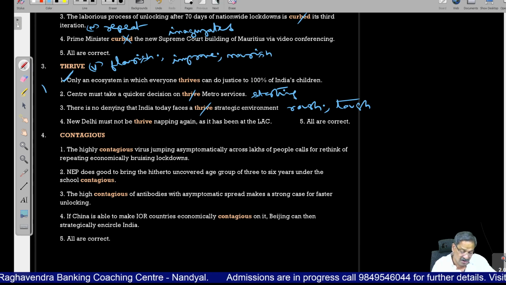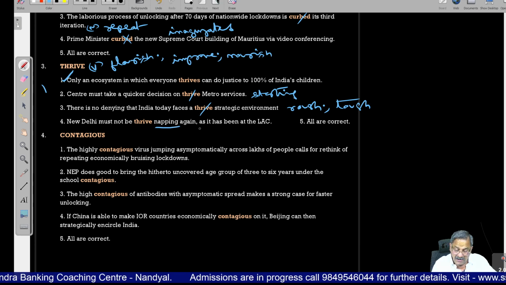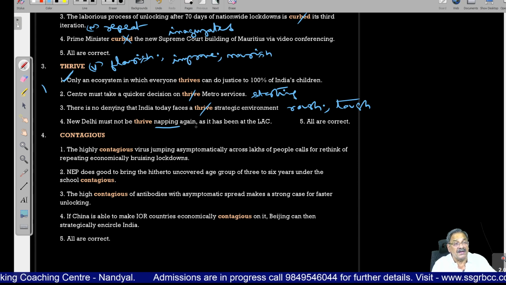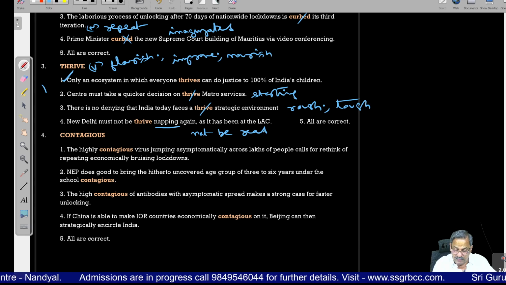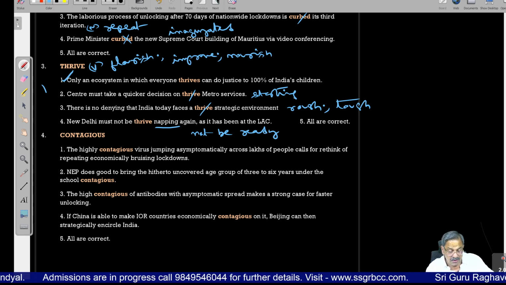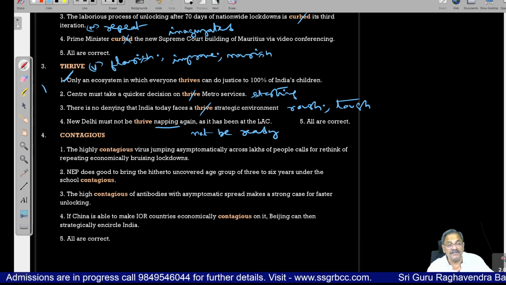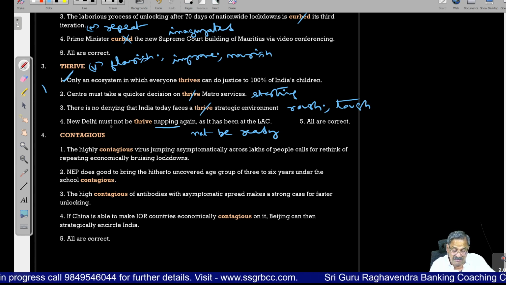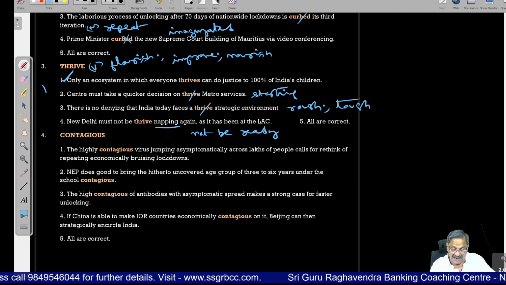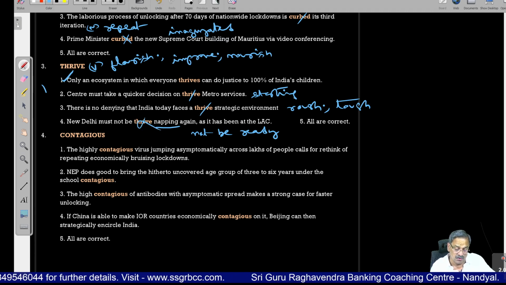Napping means not be ready, అంటే not be ready, రెడీగా లేదు. So New Delhi must not be thrive. Here must not be thrived napping. No, it is not going to be suitable. Only the third one is correct.